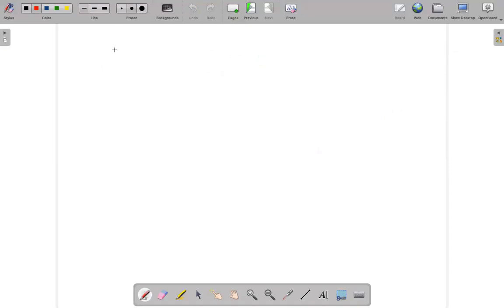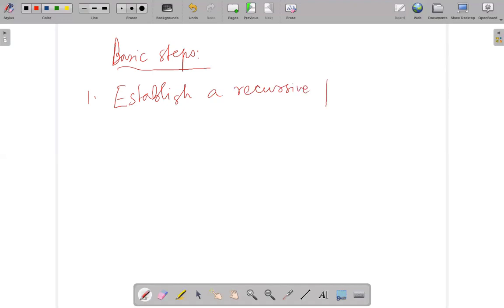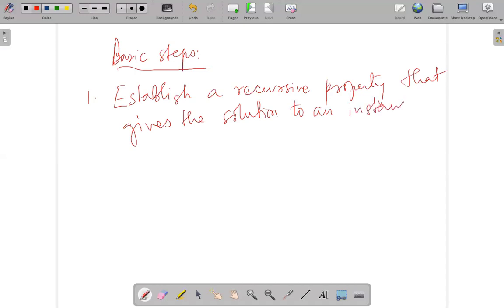The two steps are: first, establish a recursive property that gives the solution to an instance of the problem.